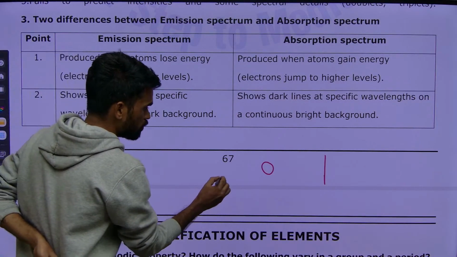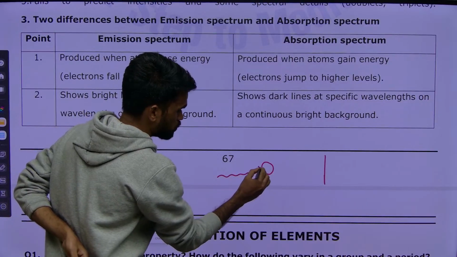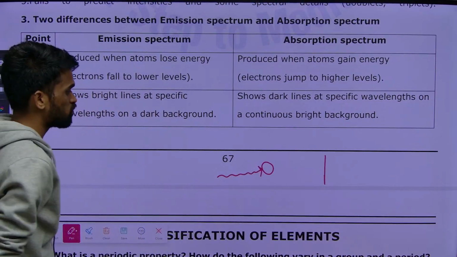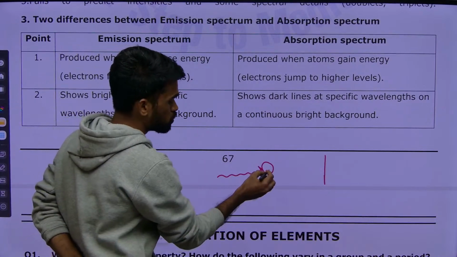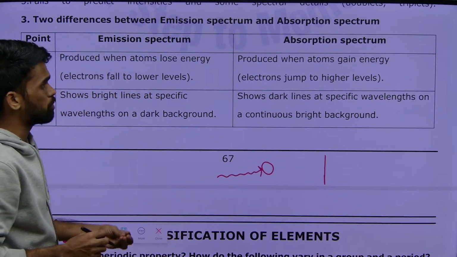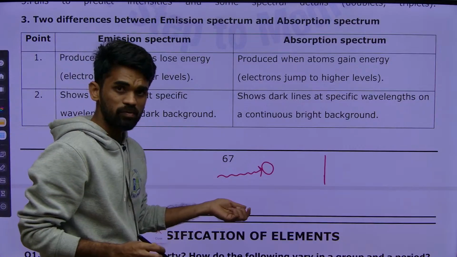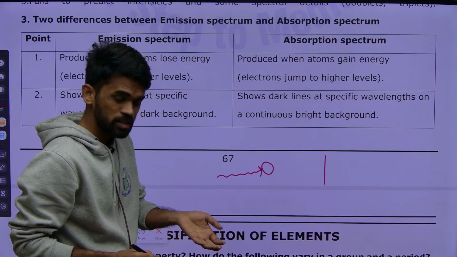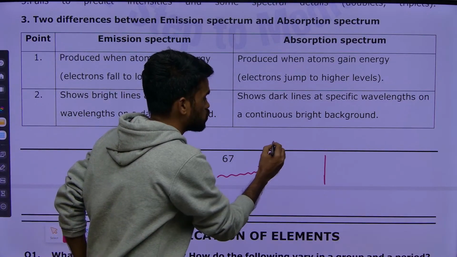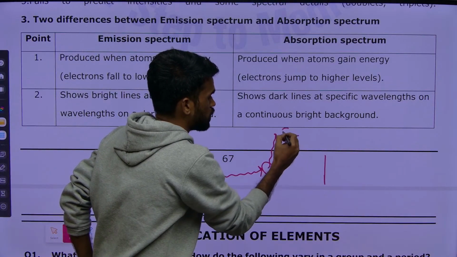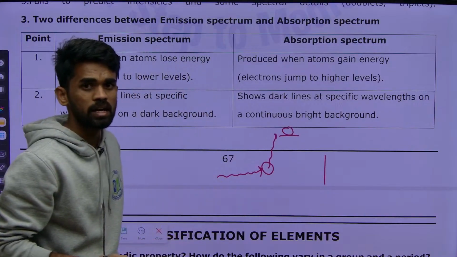We are sending some energy to this atom, some light is falling on this atom. Now it will absorb some energy, and if it is absorbing energy, it gains energy. So now it will be excited to a higher energy state.